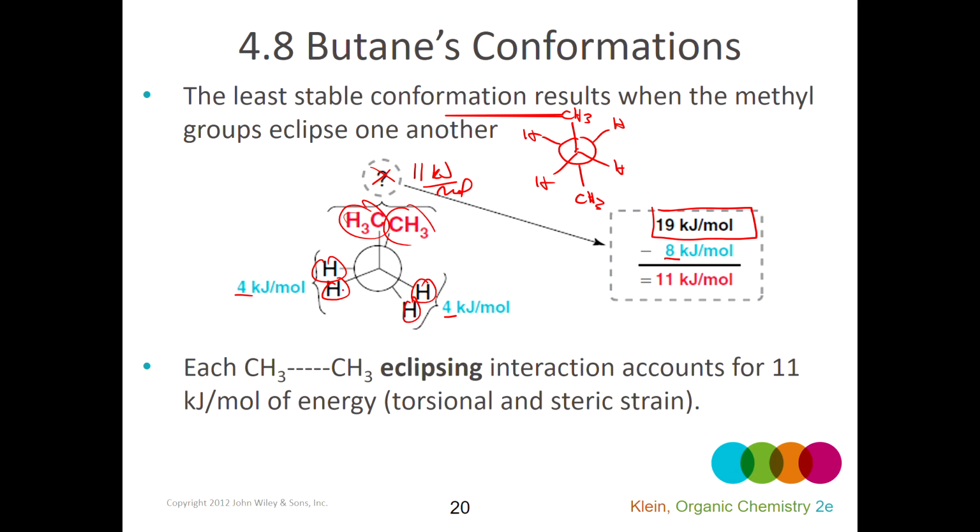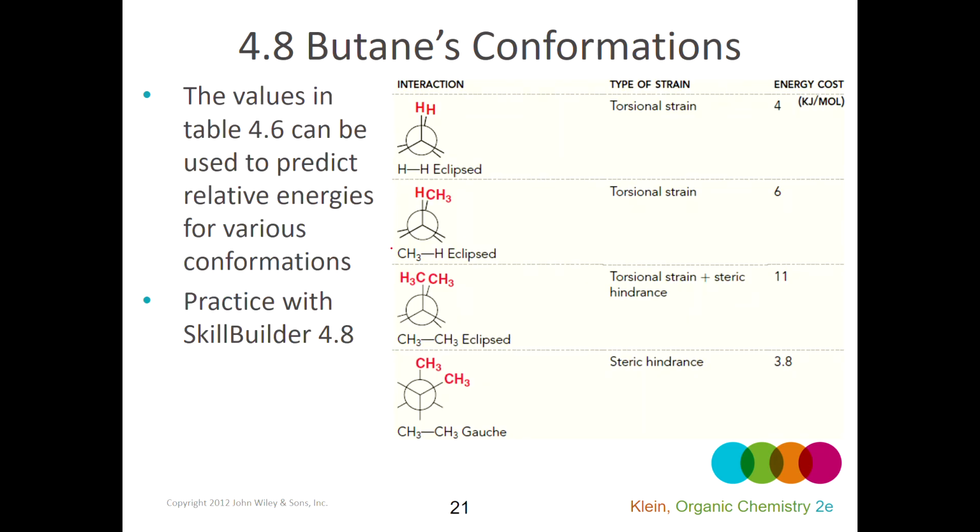So if I'm ever asking you for the least stable rotational conformation for a structure, it's always going to be where the biggest groups eclipse with one another. And then this table just summarizes the interactions we just talked about. You definitely don't have to memorize these numbers, but you should know relative to one another how much instability each introduces.